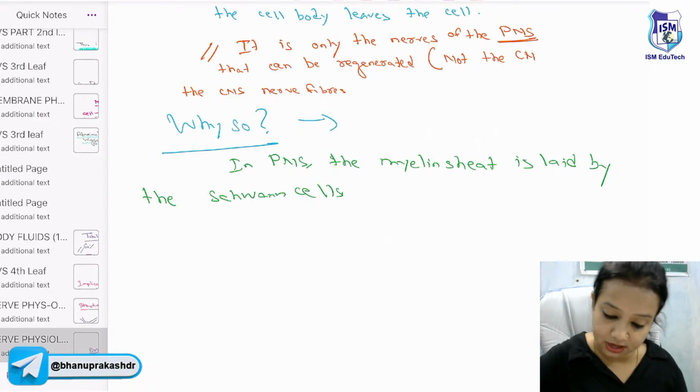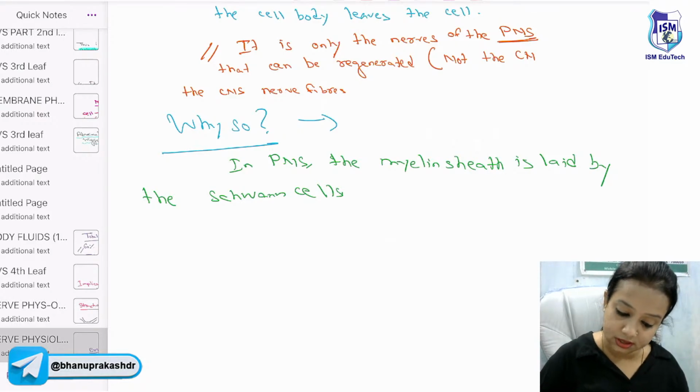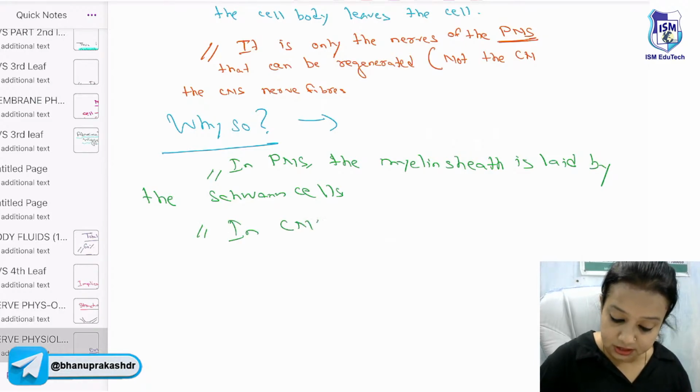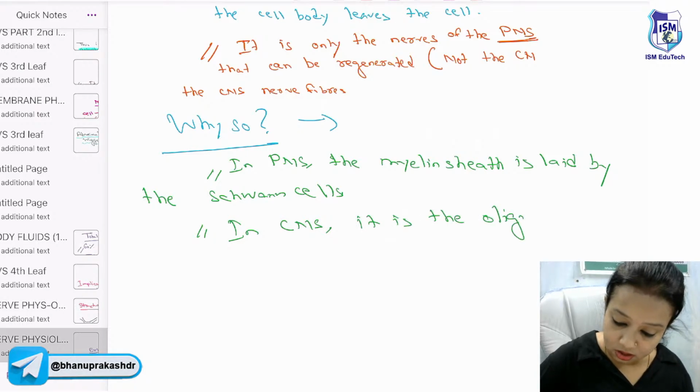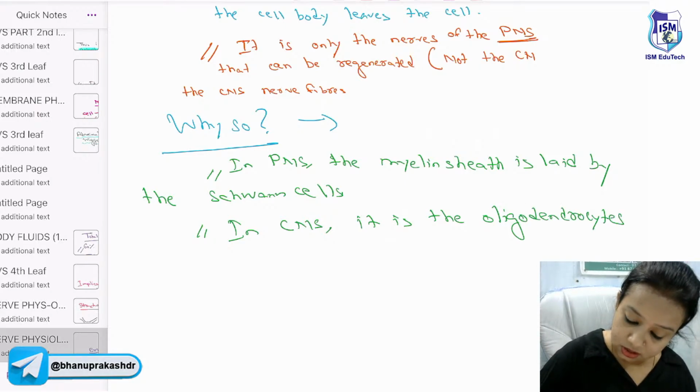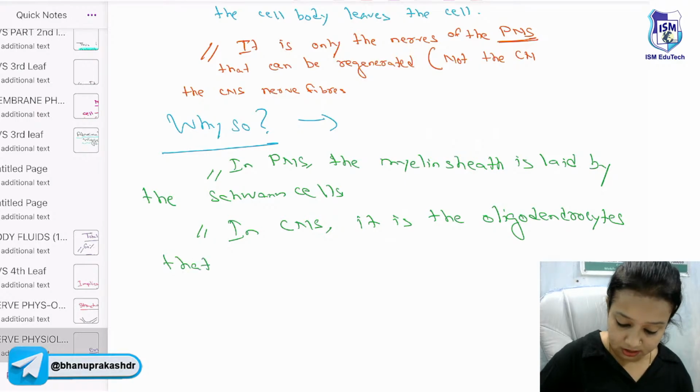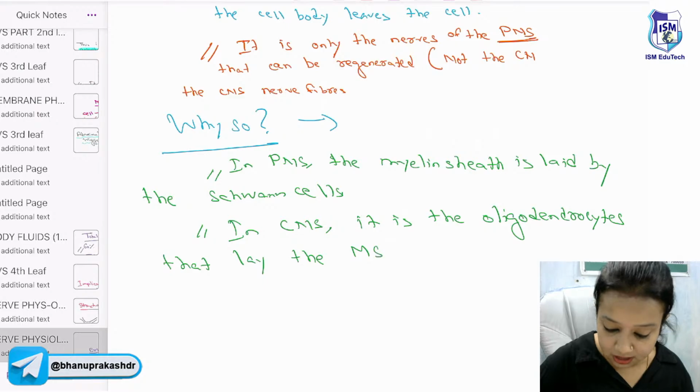But in the CNS, it is the oligodendrocytes that lay the myelin sheath.